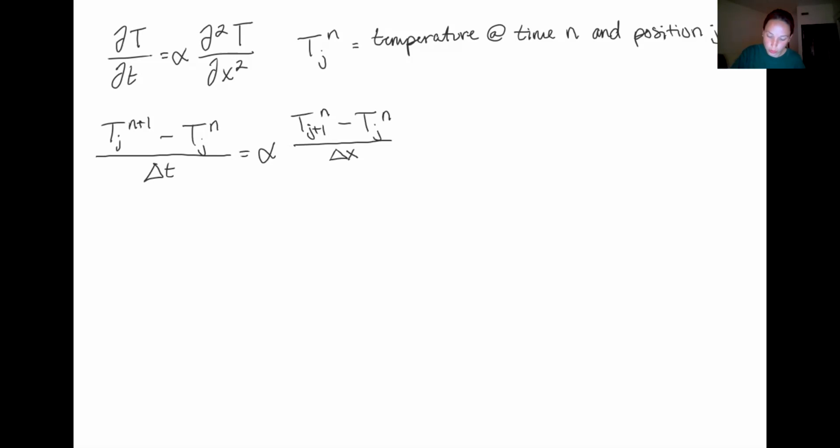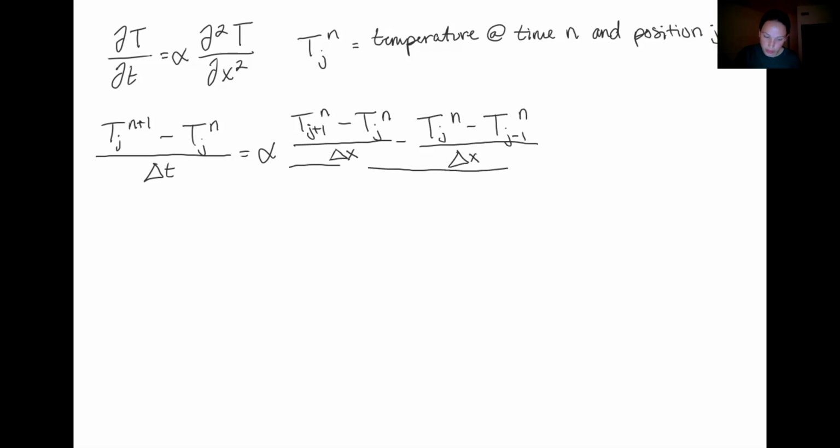And then we also have to accommodate for the difference moving towards the left, since this is a second derivative. So we'll have T j n minus T j minus 1 n. And again, that's going to be moving us towards the left over delta x. And again, this is the second derivative, so this is all over delta x.